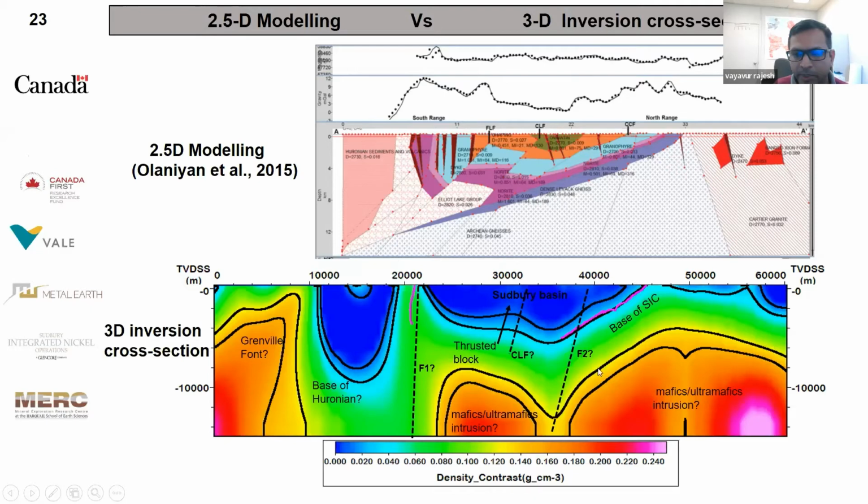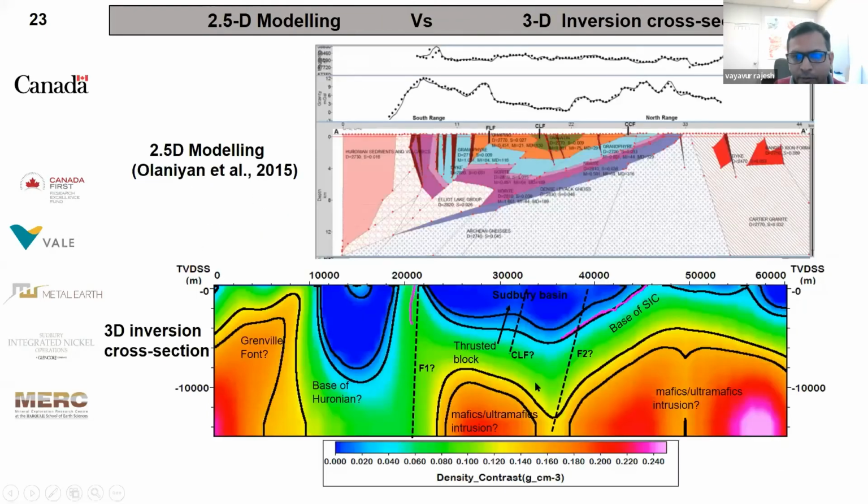But from the 3D inversion we are also picking the deep-seated fault here. In the 2.5D modeling they are not able to distinguish it, there's no variation here, but in the 3D inversion you can pick that variation nicely. We will also investigate these high densities from this model in the next slides.